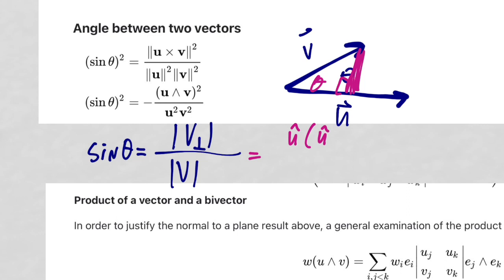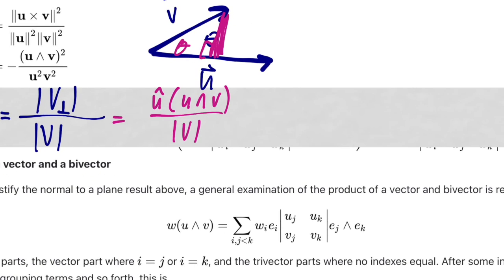So we know that this vector rejection is U hat, not U hat, just U, right? U wedge V, and underneath that we just want the magnitude of V. So the way we're going to do this is we will square the top, because we also know that the rejection is also given by.